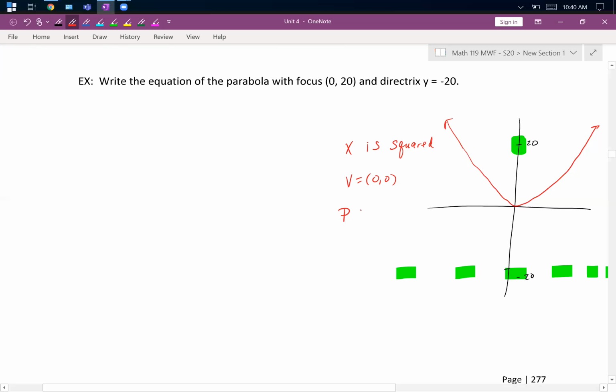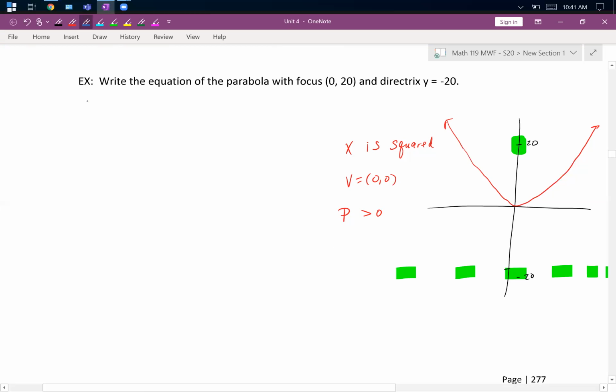Is it 20? Well, don't be so specific. Is it positive or negative is what I'm looking for. Positive? It's going to be positive because we're opening up. If it was down, that would tell us our p-value is negative. And he already specifically told me it was 20, which is correct.